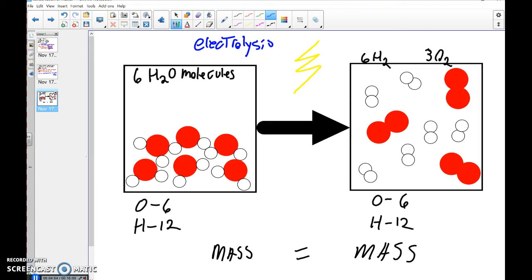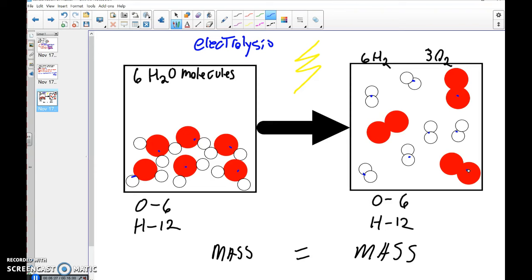Now, we used this as an example before to talk about the difference between physical and chemical changes, but it is also instructive when thinking about what it means for the law of conservation of mass. You'll notice on the left I have 6 H2O molecules: 1, 2, 3, 4, 5, 6. And on the right, I have 6 H2 molecules and 3 O2 molecules.